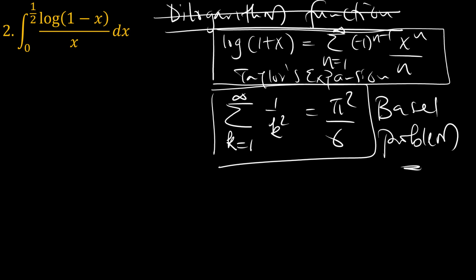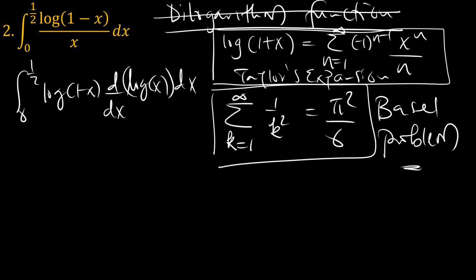One thing I'd like to also do for this problem is let's re-express it as follows. 1 over x is the same as the derivative of the natural logarithm of x.